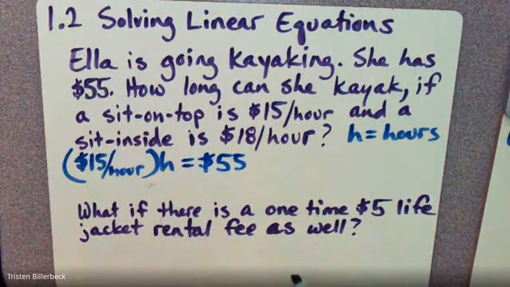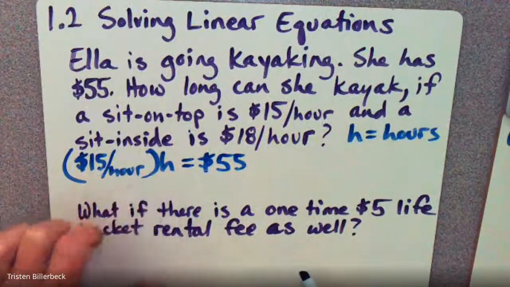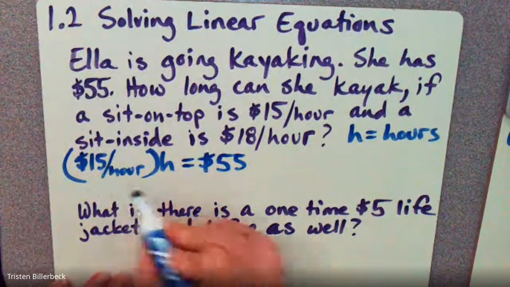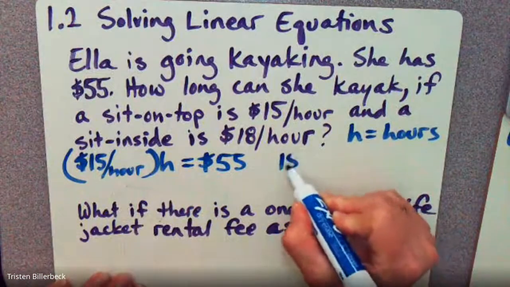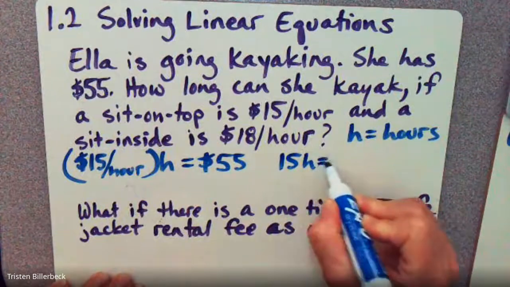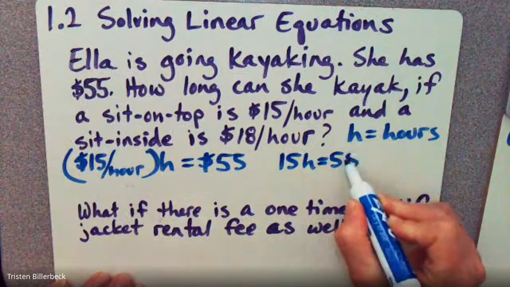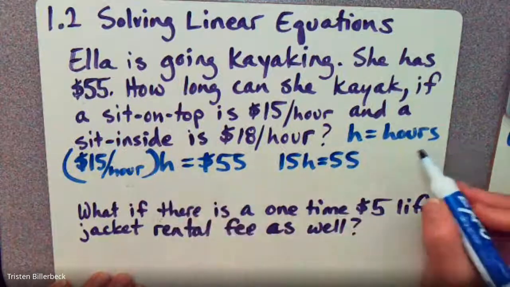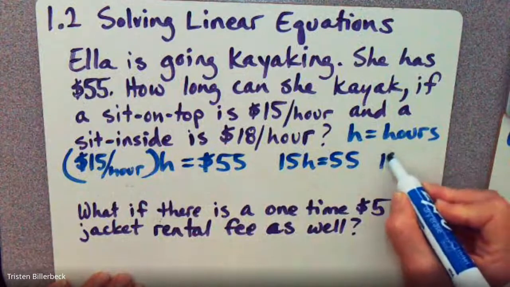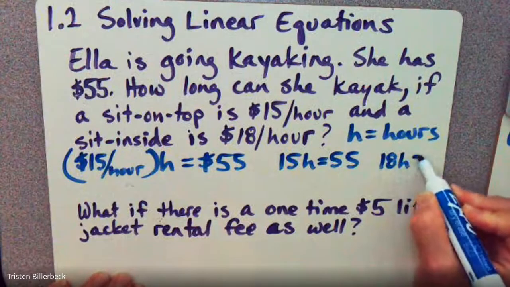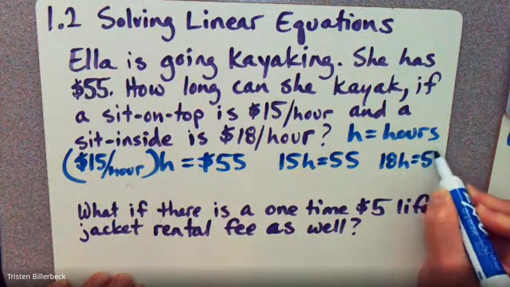So this is the same thing as 15H equals $55. And if we did the same with the sit inside, it'd be 18H equals $55.